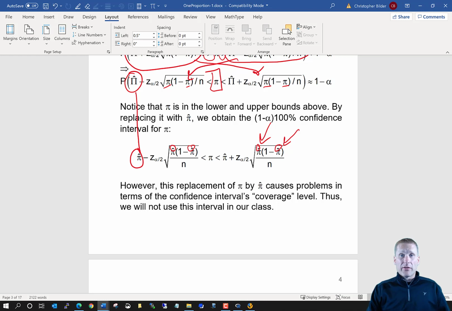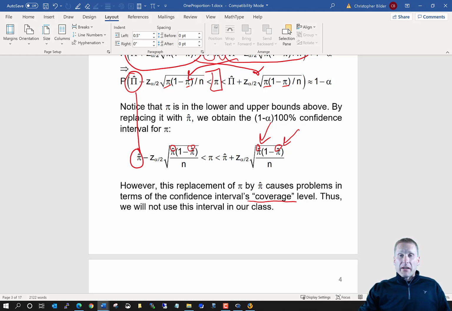Maybe 700, depending upon the situation. And so when this happens, we often say that a particular interval has a problem with its coverage. How often does the interval cover or contain the parameter of interest? And this Wald interval has problems with its coverage.